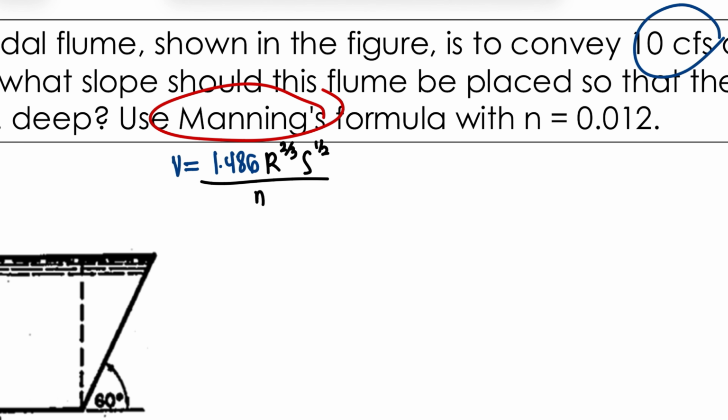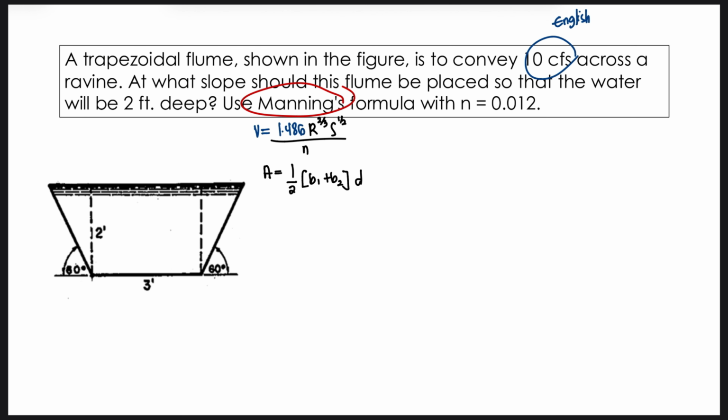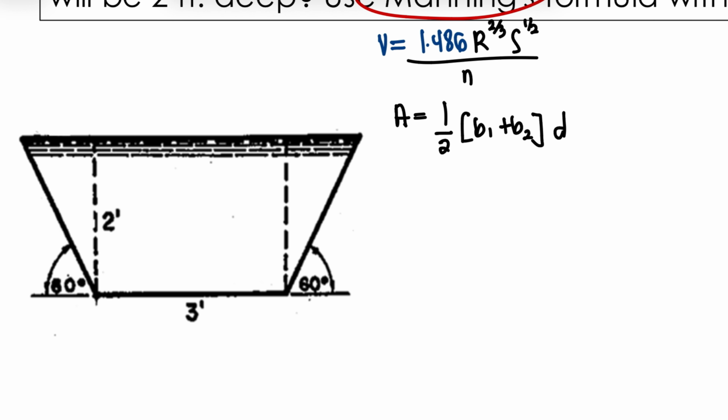Alright, for this one, we have the area of the trapezoidal flume, which is 1/2 times the base 1 plus base 2, top or bottom, times the depth or the D of the flume. Let's try to solve for the area first, since this is quite challenging, no?